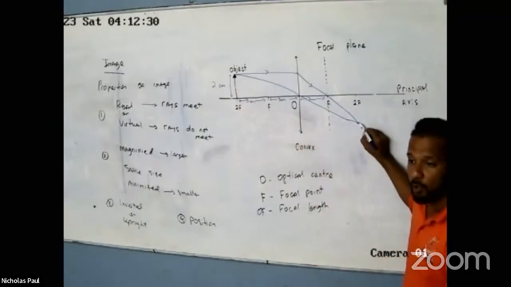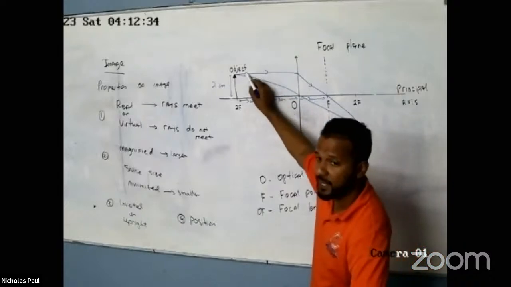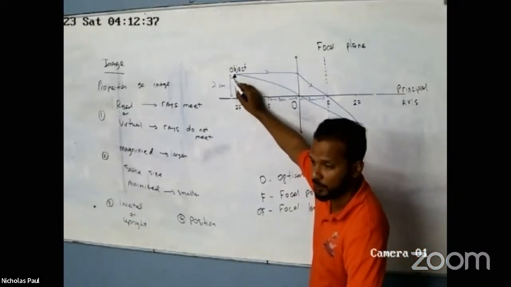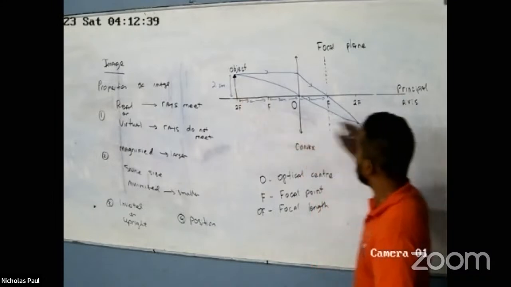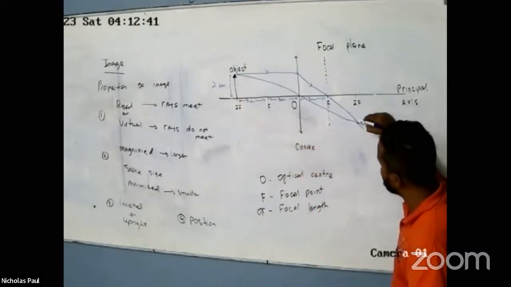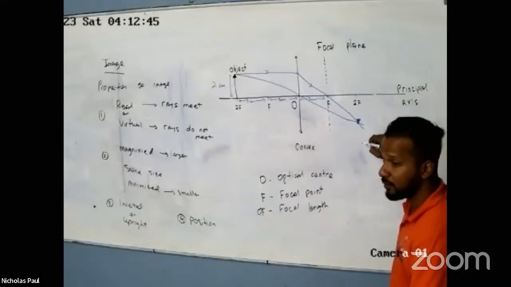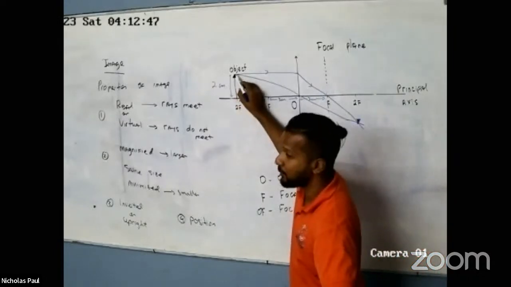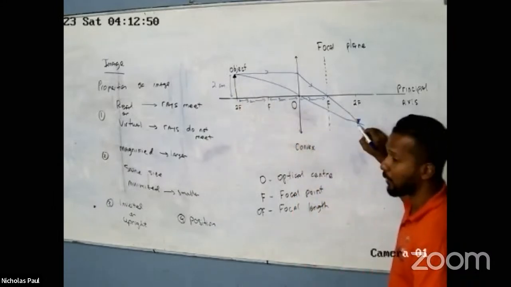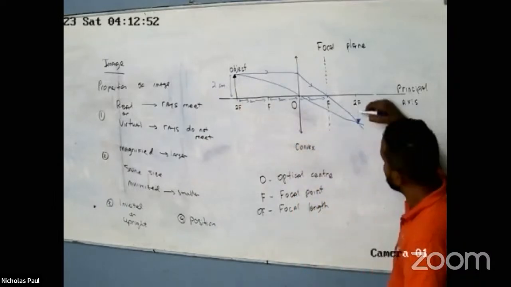Where they meet, watch this here. These rays came from the top of the object, right? So therefore, this part here will be the top of the image. So these rays came from the top of the object, so that will tell you where the top of the image is. And then you draw a line.